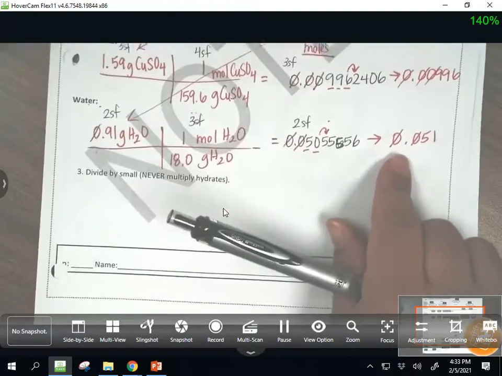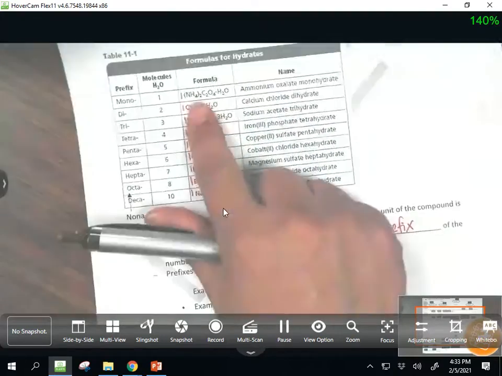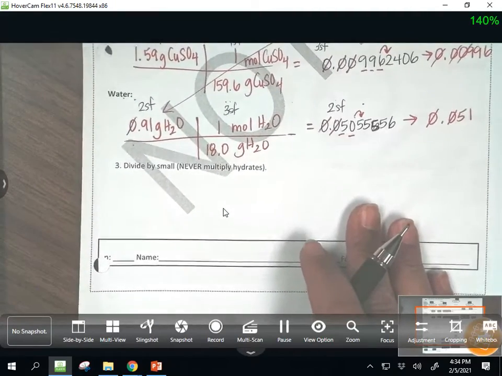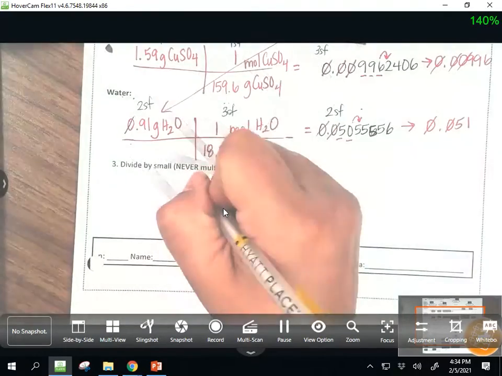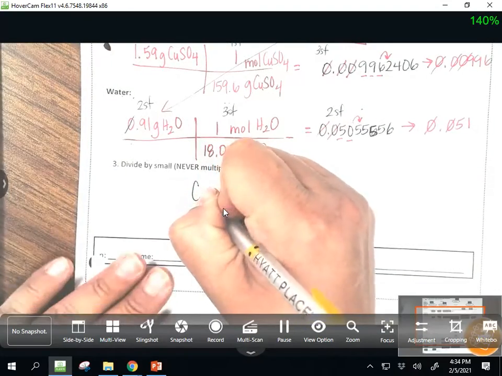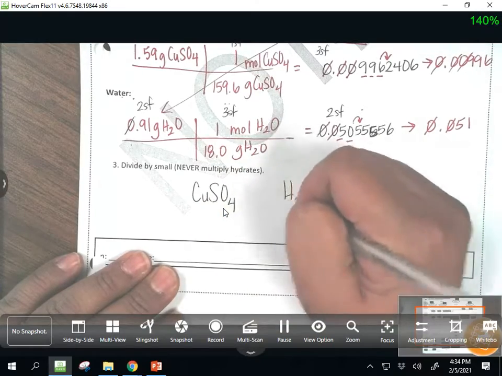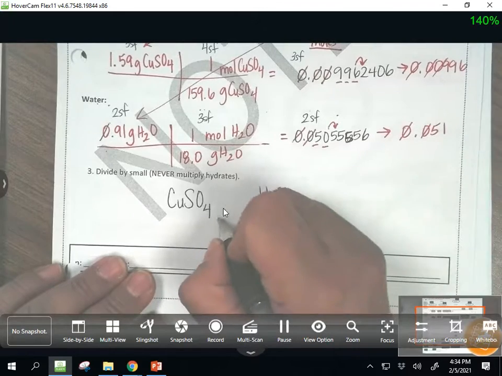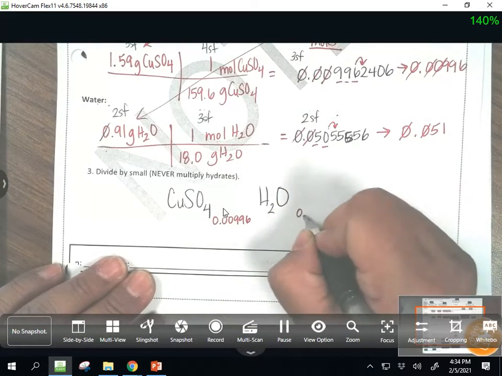So with hydrates, we divide by small and we never multiply, because remember, that number in front always has to be 1. The only way that can happen is if I never, ever multiply hydrates. So I'm going to write it like a formula. I have my CuSO4 and I have my H2O. My mole amounts are 0.00996 and 0.051.